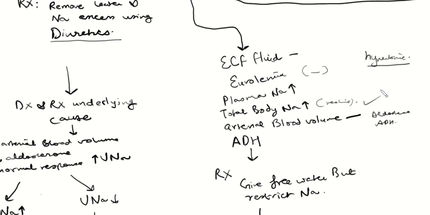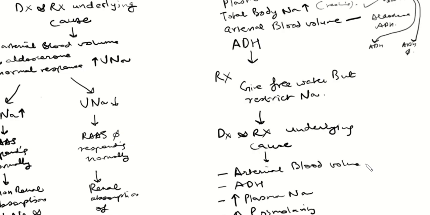Whenever you have hypertonic, that means your blood is very concentrated, and your ADH would kick in. It's going to absorb water from the urine, and urine is going to become more concentrated. Urine osmolarity should go up. If it does, your ADH is working great. If it's not, ADH is bad. Let's take a look.